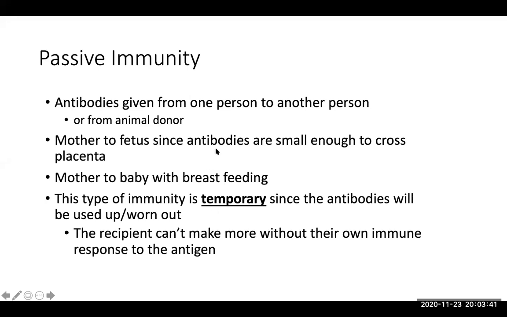Once those antibodies are used or fall apart, that's it, no more. So the recipient will not have the ability to make more of these antibodies because they never made them in the first place. In order to make antibodies, you have to have the immune response. So this is temporary, and it can be natural or it can be artificial, right? Receiving it from another person through an IV in the hospital would be artificial. Receiving it from your mother, of course, would be natural.